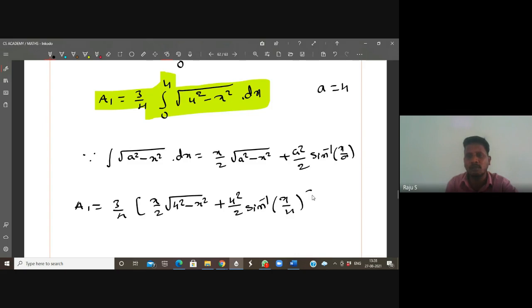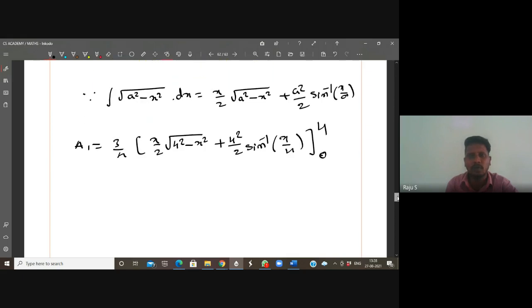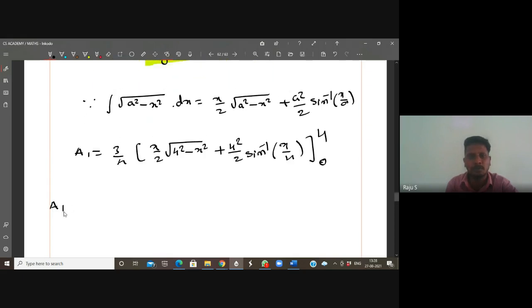Got it? From where to where are the limits? 0 to 4. I'm going to substitute the upper limit 4 first. When you substitute 4 here, 4 by 2 root over 4 square minus 4 square is 0. Plus 4 square means 16. 16 by 2 is 8.